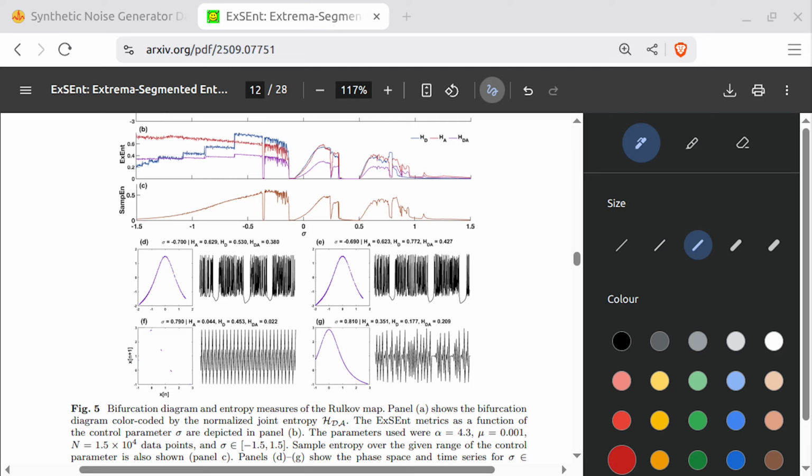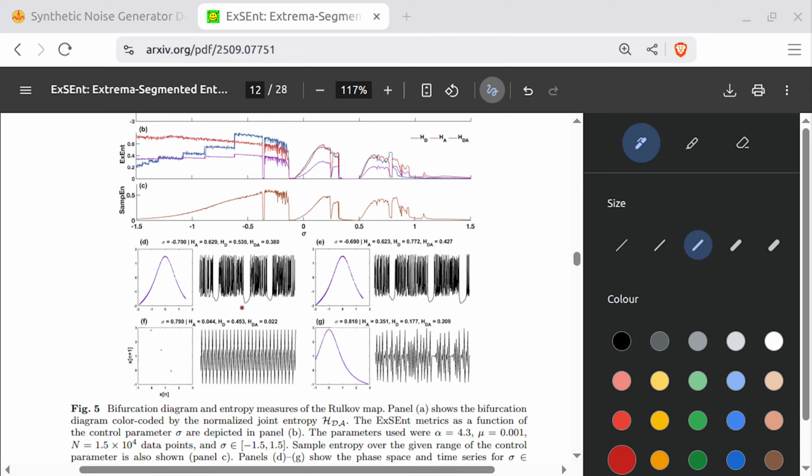Think of it this way: panels D and E are like looking at a special graph of the system's movement, called a phase space. It shows how the system's state changes over time by plotting one value against another. The wobbly lines next to them are time series, which are just graphs showing one of the system's values changing over time, like a heartbeat monitor.